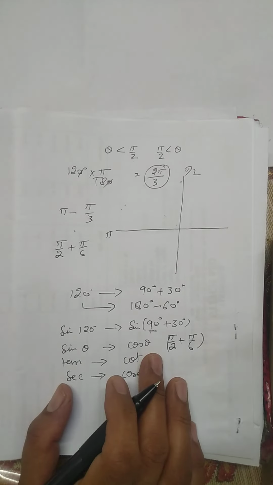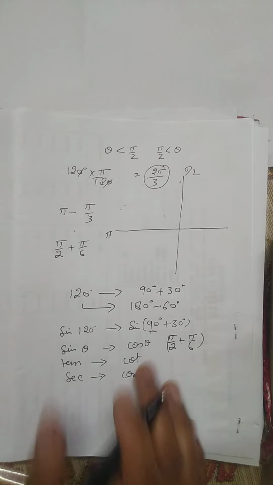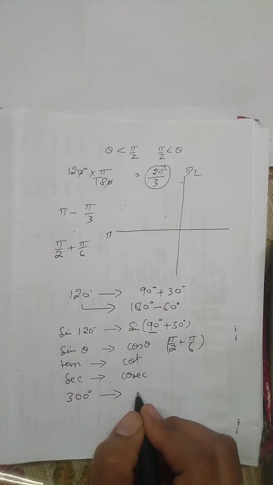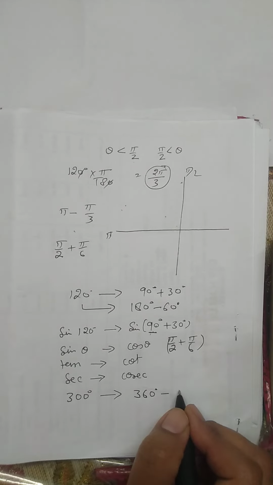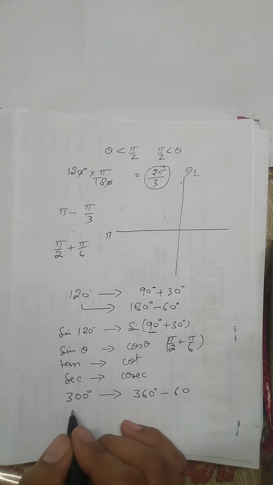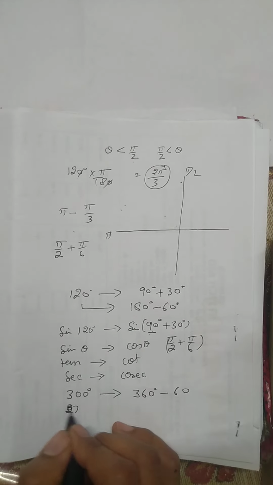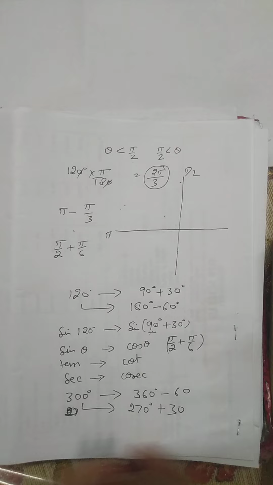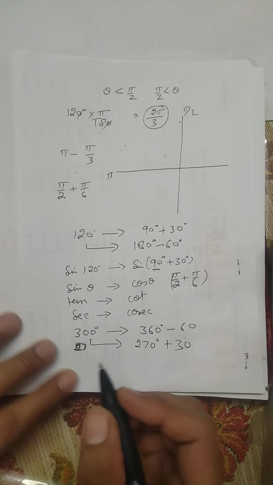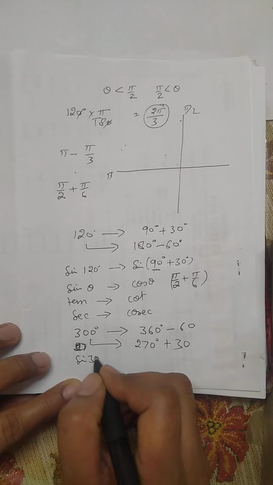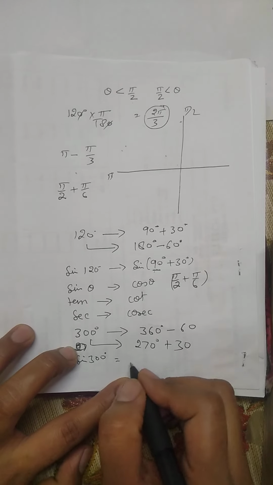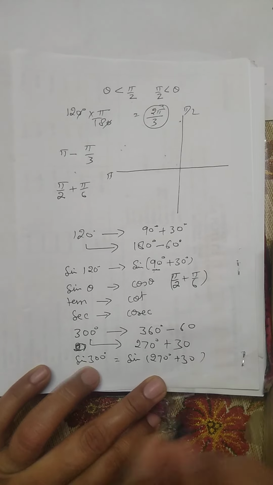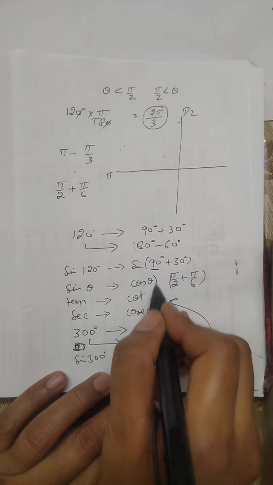In the same way, if we are finding the value at 300 degree, 300 degree can be written either as 360 minus 60, or as 270 degree plus 30 degree. So the case is different. If we are taking sine 300 degree and converting it as 270 degree plus 30, the same conversion will be there.